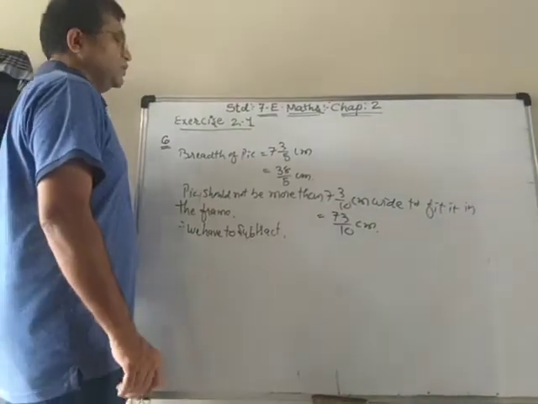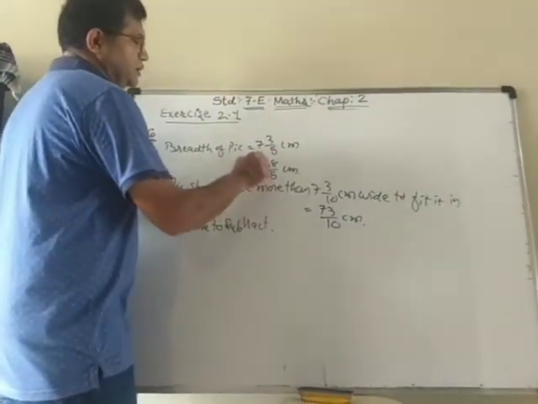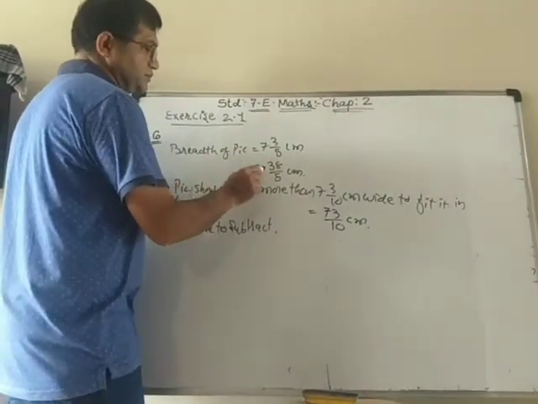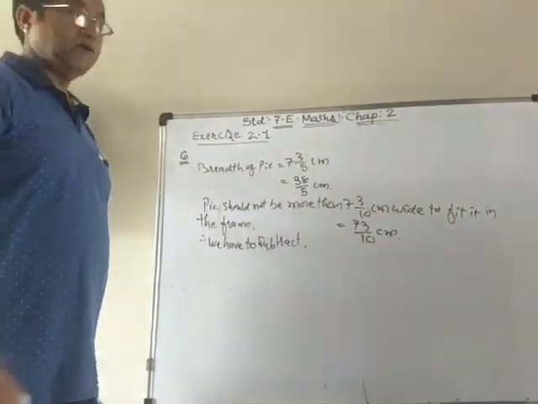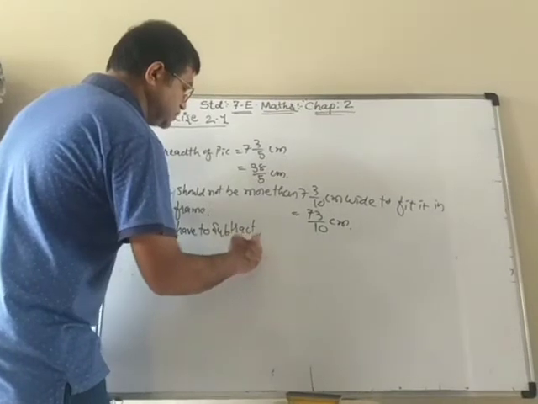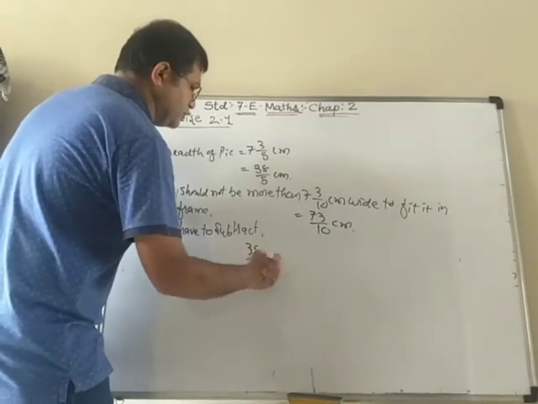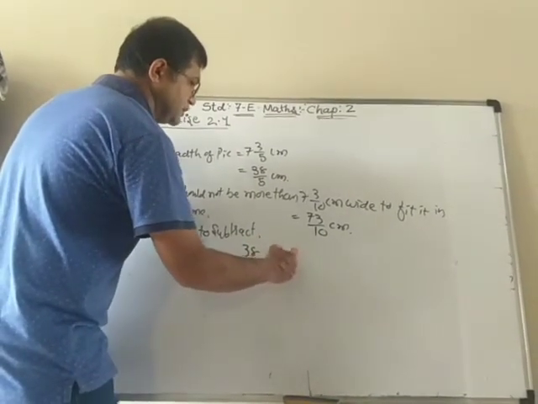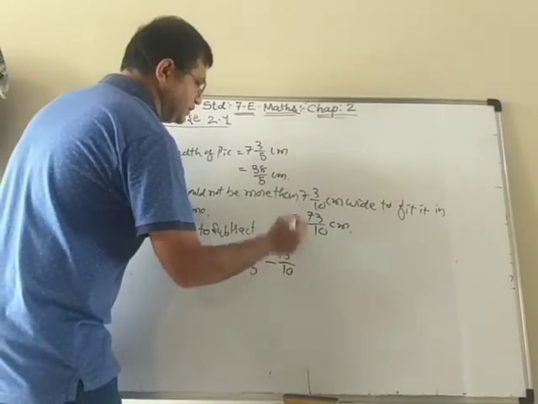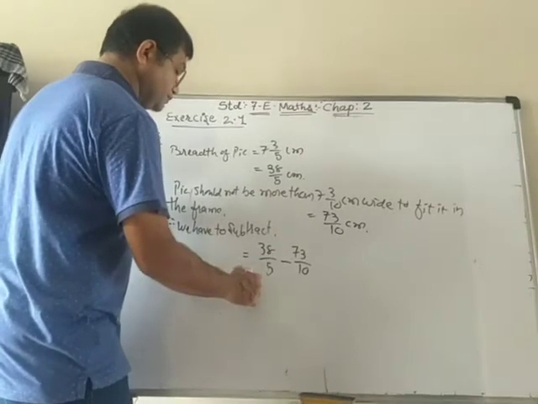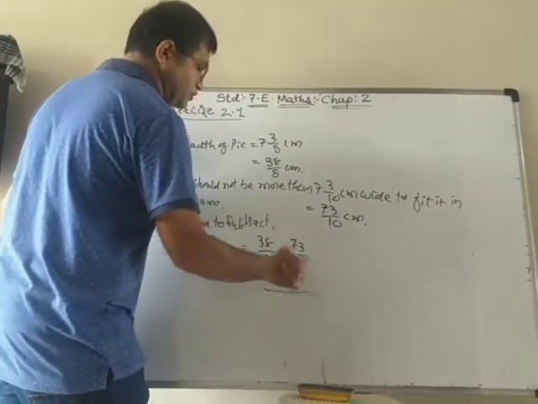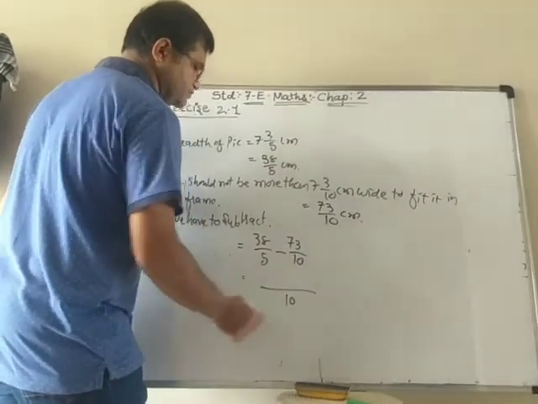So now we have to subtract that one minus that one. Right? So 38 upon 5 minus 73 upon 10. So now the LCM of 5 and 10 is obviously 10.